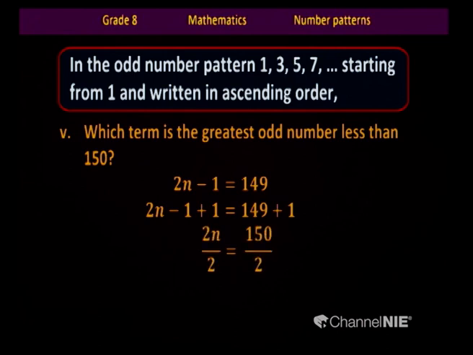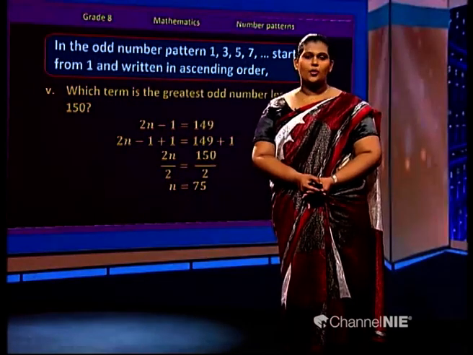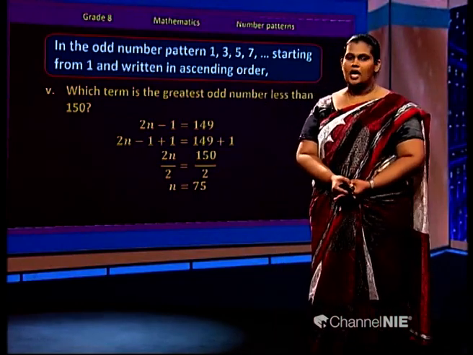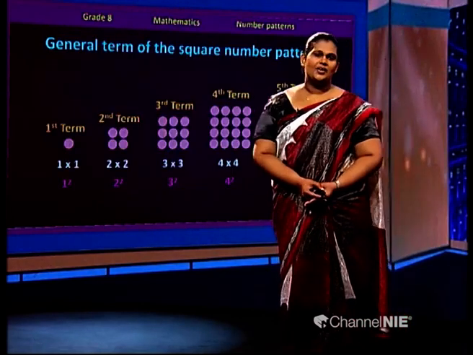So, on my left hand side I have 2n only, and on my right hand side I have 150 only. Right. Now, to find the value of n, I divide both sides by 2. So, 2n divided by 2 becomes n. 150 divided by 2 becomes 75. That means 149 is the 75th term of this number pattern. Right.